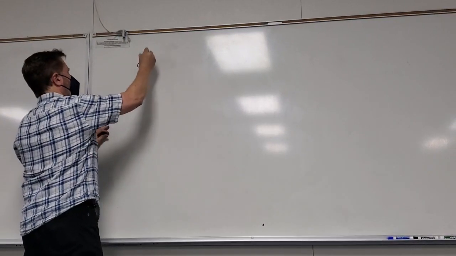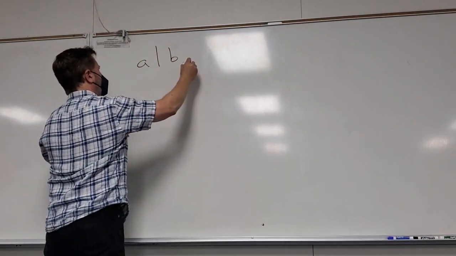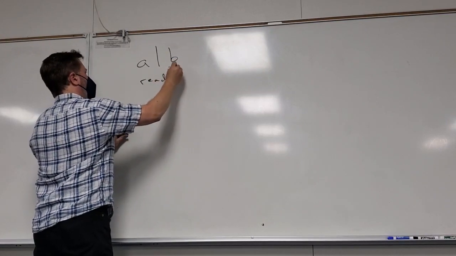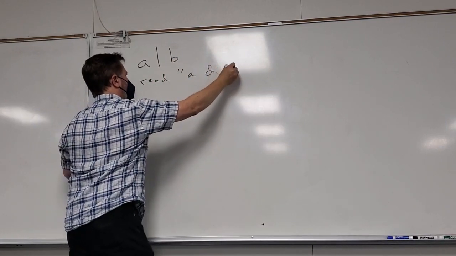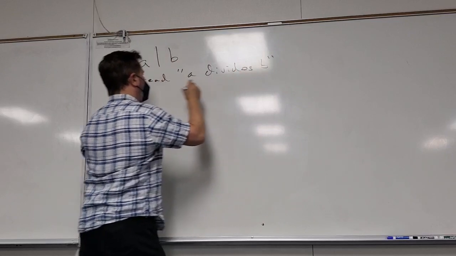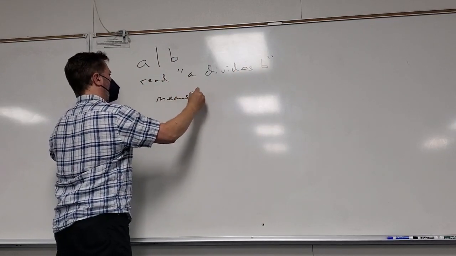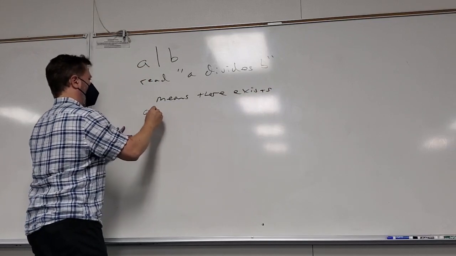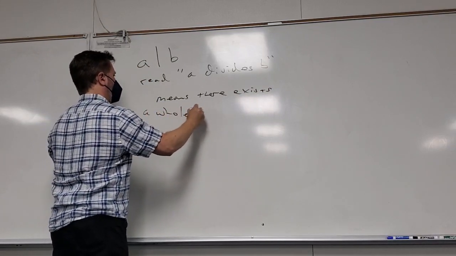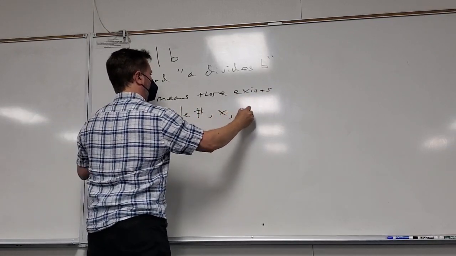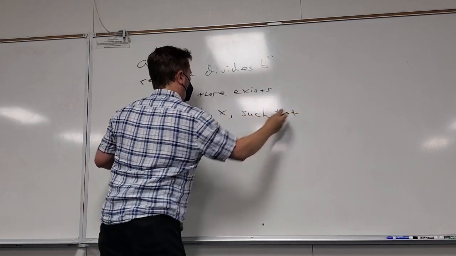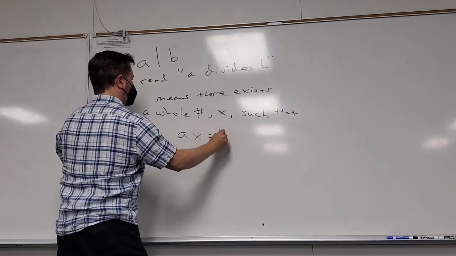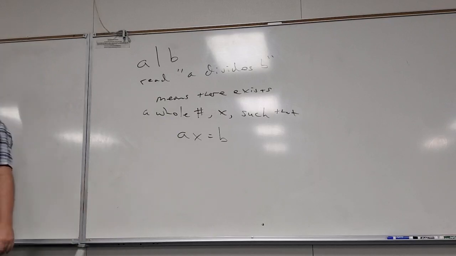So if I write A | B, A divides B, it means there exists a whole number, we'll call it X, such that AX equals B. So 4 divides 8 because 2 exists.